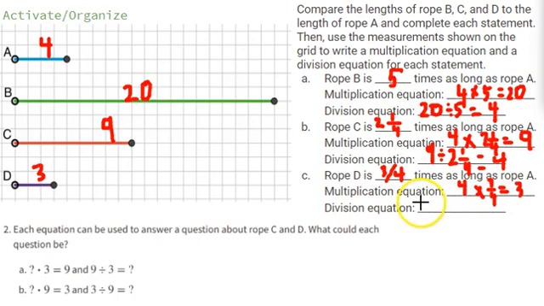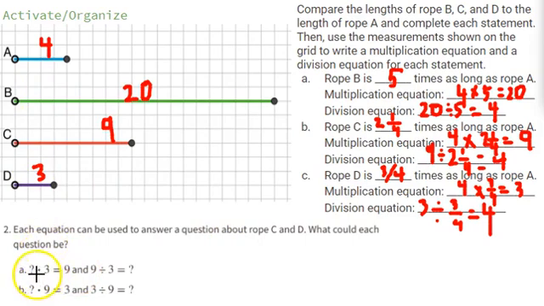Same thing happens if I take it in reverse. If I take 3 and now I divide it by 3/4, I'll get back to my original 4 for rope A. So down below here, each of these equations could be used for ropes C and D. So what would be the question for these?